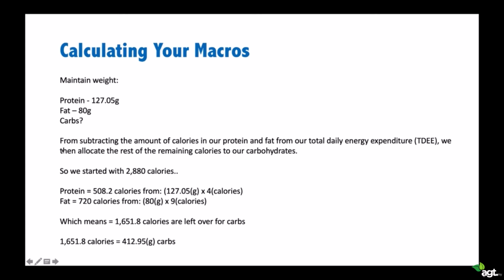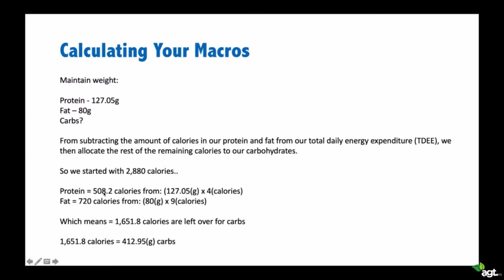What we do here is subtract the amount of calories in our protein and fat from our total daily energy expenditure, our TDEE, and then allocate the remaining calories to our carbs. So finding out what 80 grams of fat is in calories, and what 127.05 grams of protein is in calories, we can minus that off the total, which is 2,880, to find out how many calories are left to allocate to carbs.